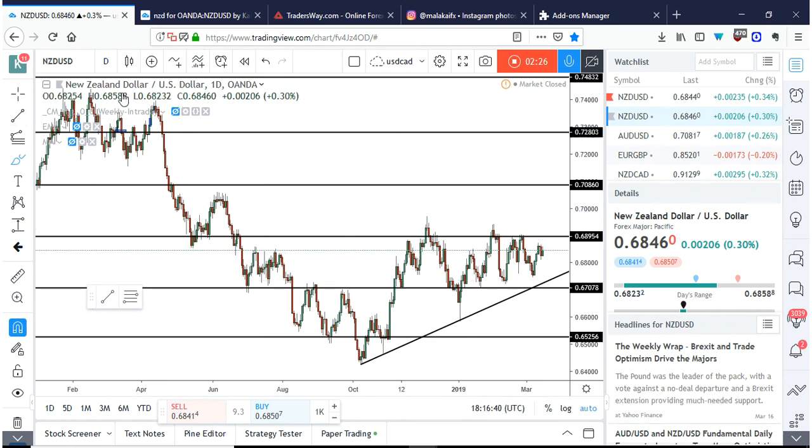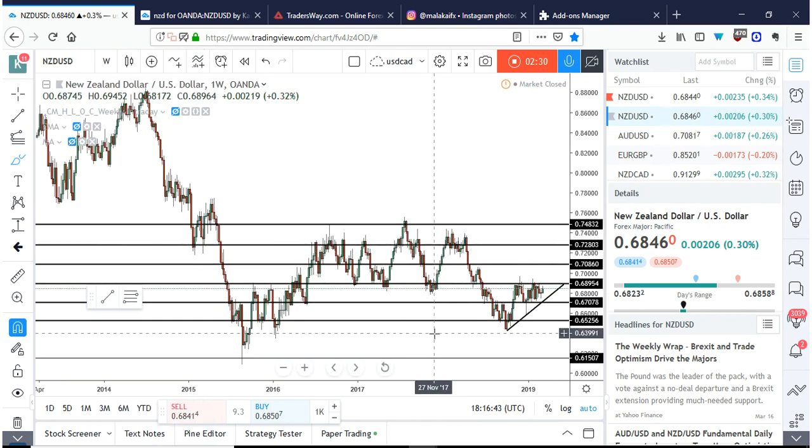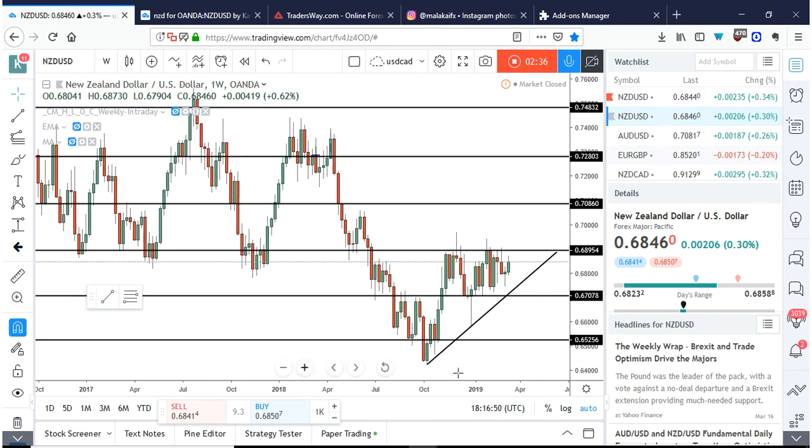So remove that and then change the tool. So you want to look on the weekly and you want to see if price is doing higher highs or lower lows. So before on the monthly it was doing lower lows, and you want to check on the weekly, it's doing higher highs. It broke this structure right here, broke above it, came down.